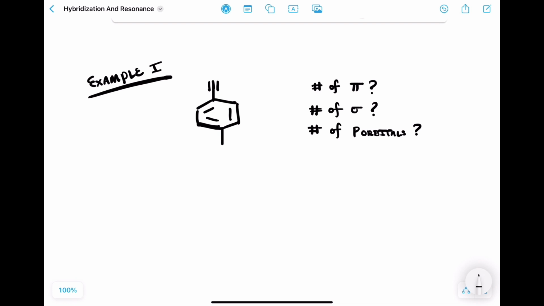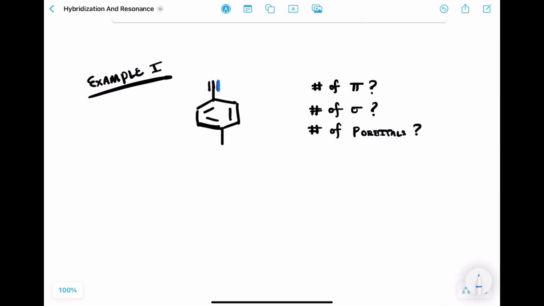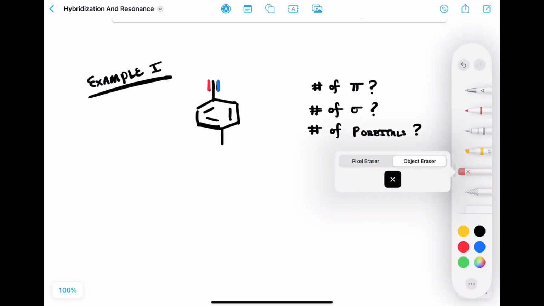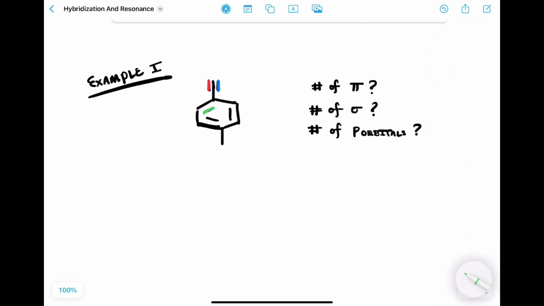So how many pi bonds do I have? Let's color them so they're easier to see. So this would be 1. This would be 2. This would be 3.